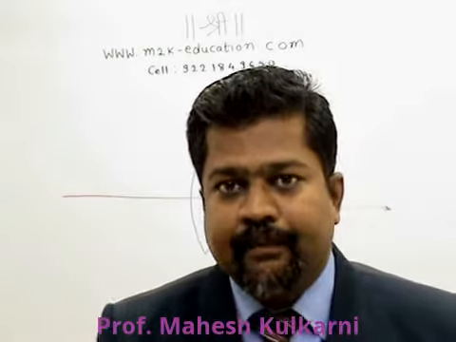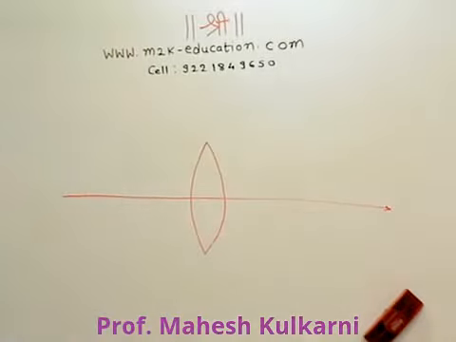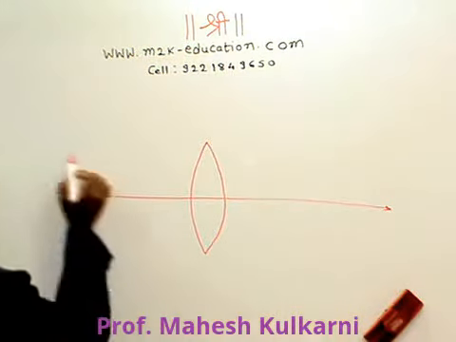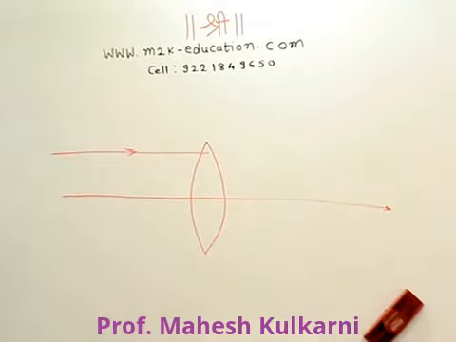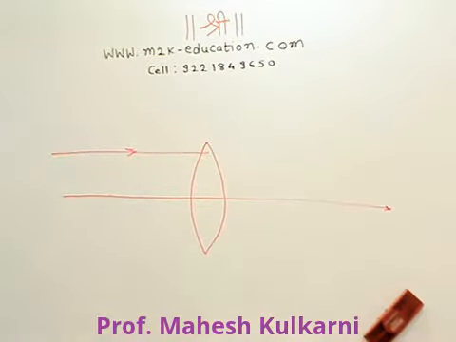Obviously, you may say the angle here is 90 degrees on this surface, so no refraction is possible. Now if the incident radiation is in this direction, then it is initially parallel to the principal axis.